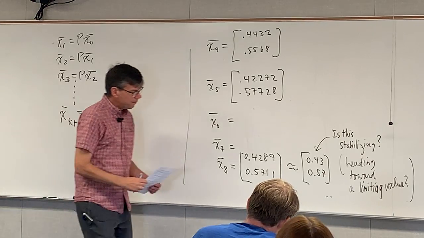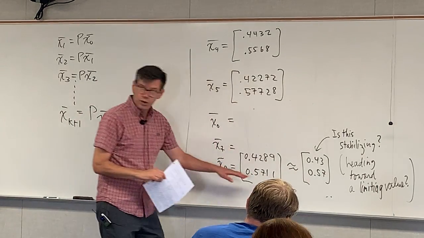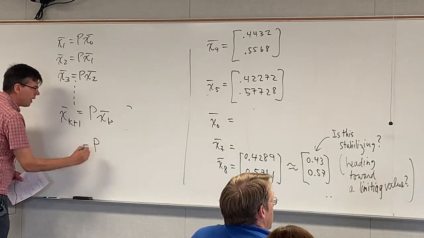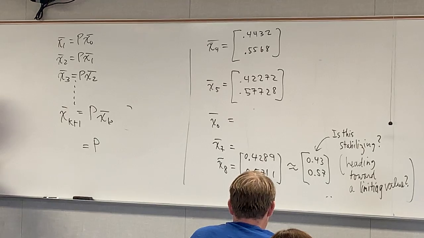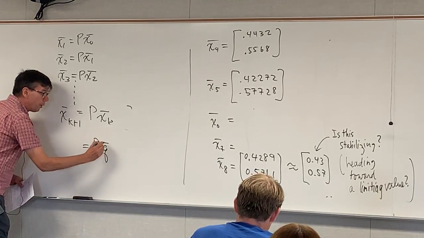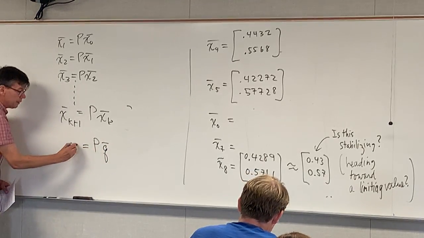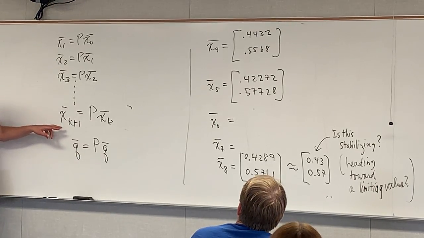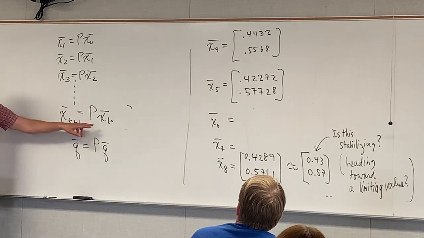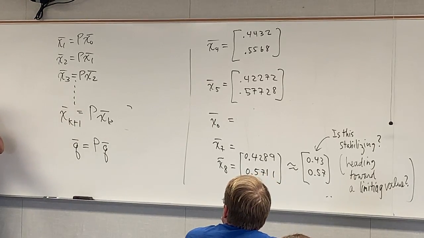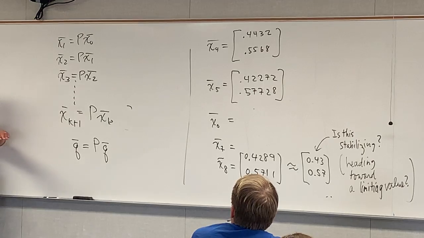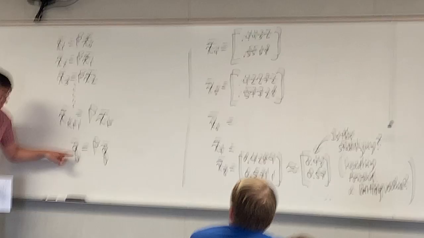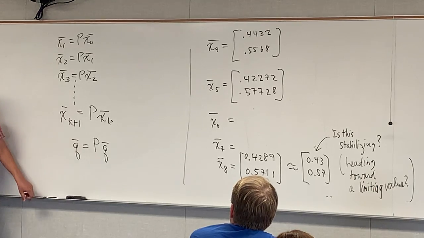This stabilizing issue is like, what if eventually we get to a value, we'll just call Q, where when we multiply by the stochastic matrix, we just get the same vector again. That's kind of like saying xk equals xk plus 1, xk plus 2, xk plus 3. Now, we may never hit this value exactly, but we will approach it as a limit.